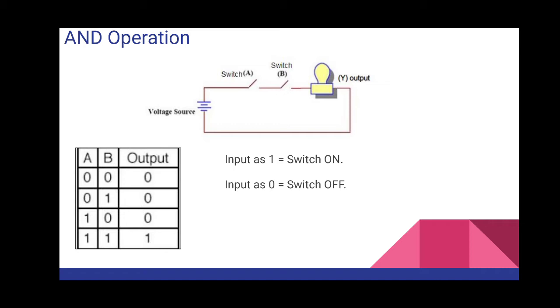So the first condition: when A is 0, B is 0, obviously the output will be 0. Second, A is 0, B is 1. Again you are multiplying a number with 0, so again the output is 0. Third condition, when A is 1 and B is 0. Same multiplication with 0, that is why we are getting the output as 0.